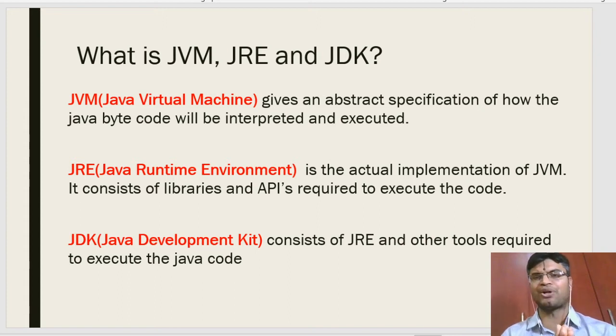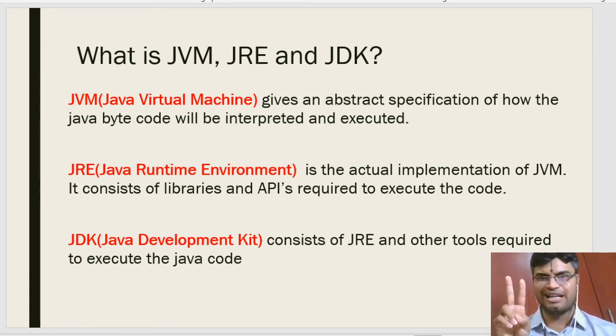Next, finally, we have something called as JDK. What is JDK? Now, whenever you want to execute a Java program, you should have installed a Java development kit. That is what JDK means. JDK will contain your JVM as well as JRE.